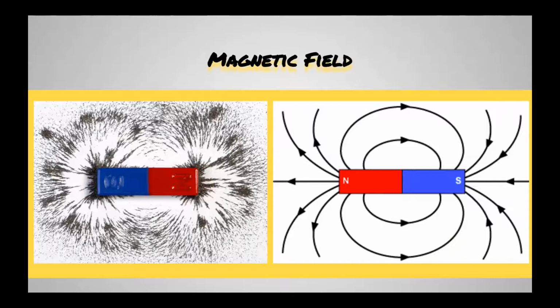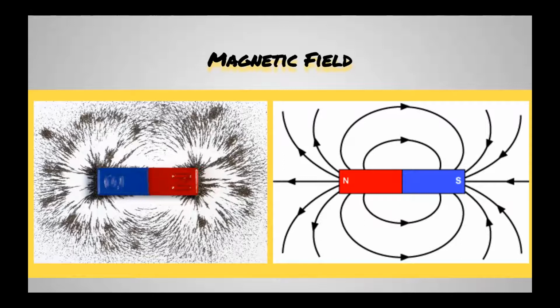So what somebody did was they took a picture of one of these bar magnets like we've been using and those iron filings from before, and they sprinkled them on top. And then the magnet attracted those iron filings and it kind of made a pattern so that we could see what the magnetic field and those magnetic forces look like. So that's a little diagram to kind of show you how the magnet works and where that magnetic field is.